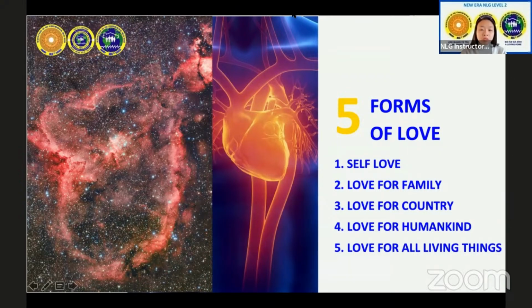And remember that at level 2, we will now move on to the third form of love, which is love for country. So perhaps you ask, why is it that I have to go to that extent of not responding in the normal way and having to be nice to other people? Well, because already in level 2, we start to practice love for country.